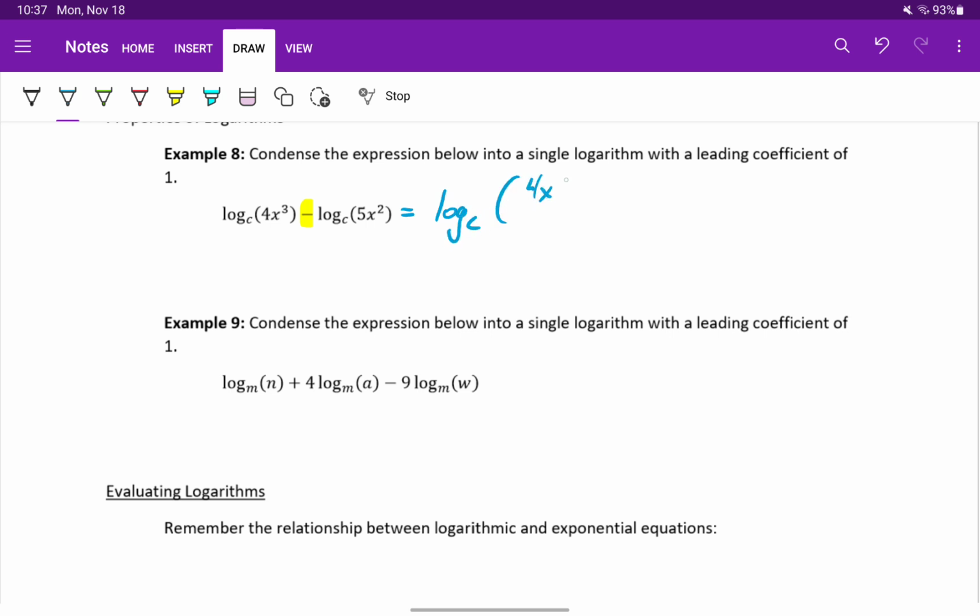This will become the log base c of 4x cubed over 5x squared, which will reduce to the log base c of 4x over 5. Because we'll combine those x factors by subtracting those exponents to get x to the first power.